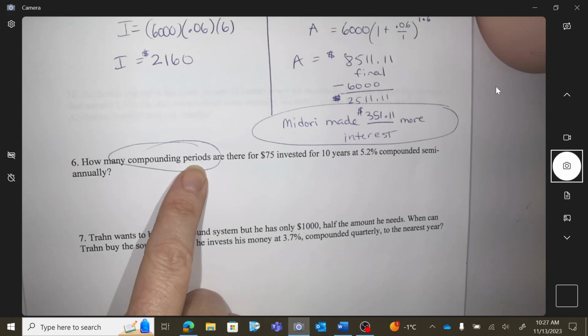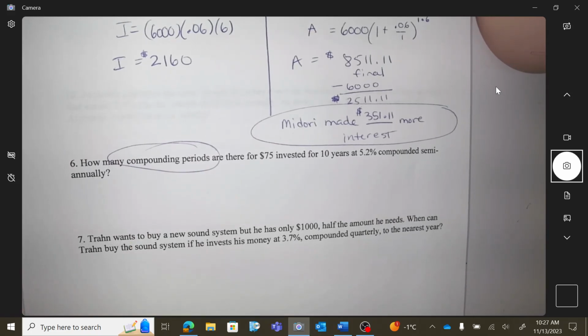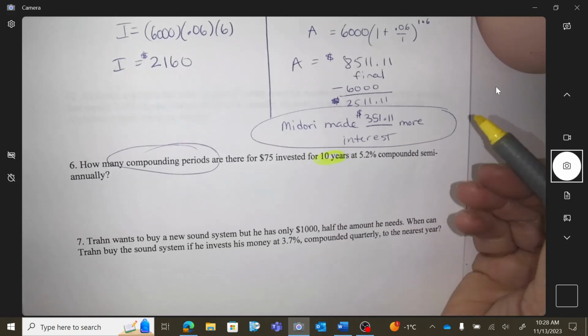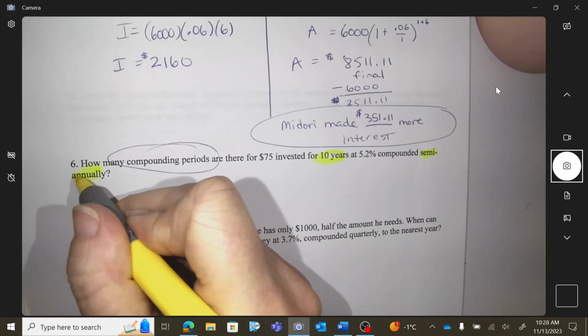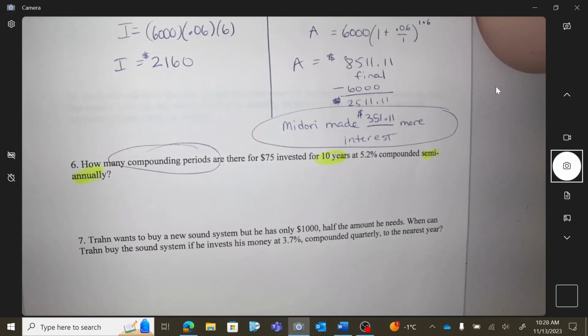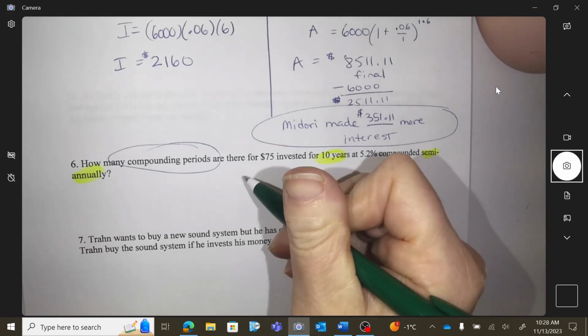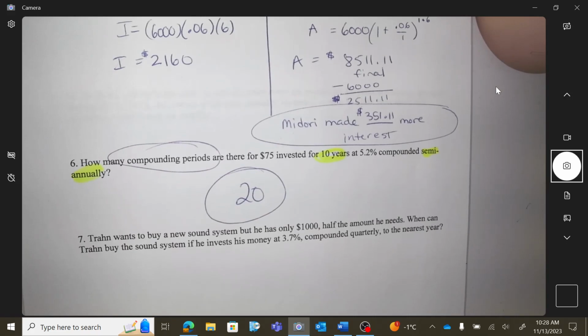That's all I want to know. So you're not using any formula, just how many times does this get done? 10 years, semi-annually. So then what's just a number answer? 20. That's all I'm looking for in that. Compounding periods, how many times does it get done?